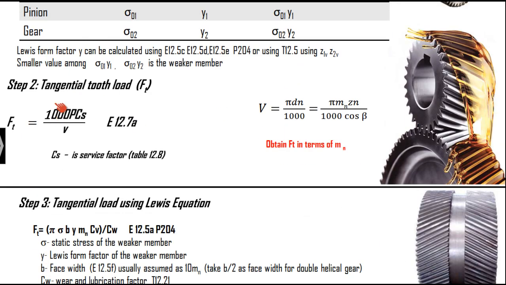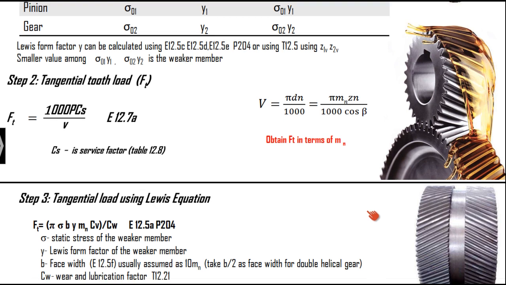Now step 2 is the tangential tooth load. Same equation, 1000 P Cs by V. Velocity has to be substituted in terms of normal module, where d has to be Mn Z divided by cos beta. I think you all remember that equation. Using this equation you substitute for V, and finally we get the value of Ft in terms of Mn. Previously in the spur gear it was in terms of just m. Here we have to get the value in terms of Mn.